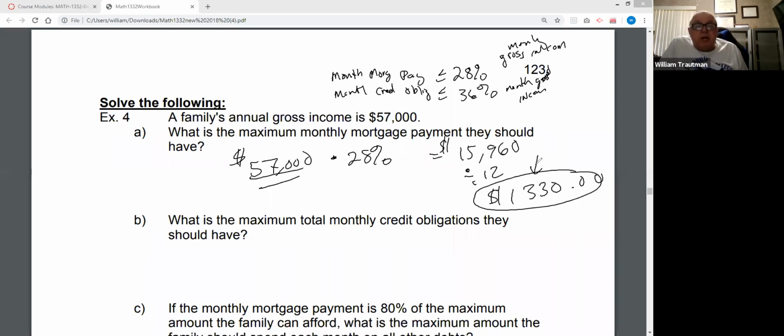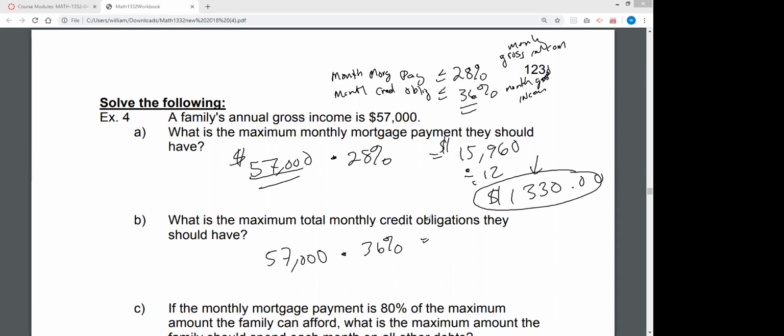Now, what is your monthly total credit obligation? It's the same thing, 57,000 times 36%. Your credit obligation is not just your credit cards, it's your house payment, your car payment, all kinds of stuff like that. So 57,000 would be 20,520.